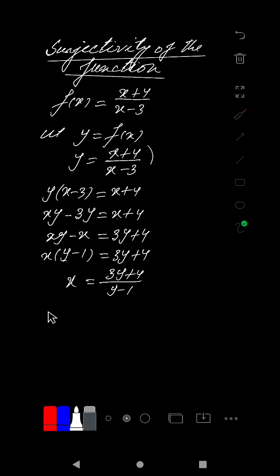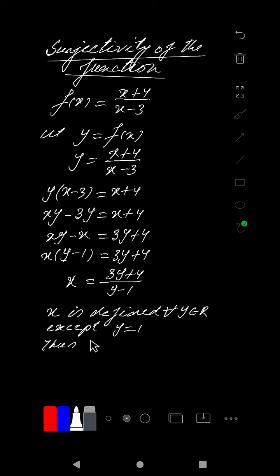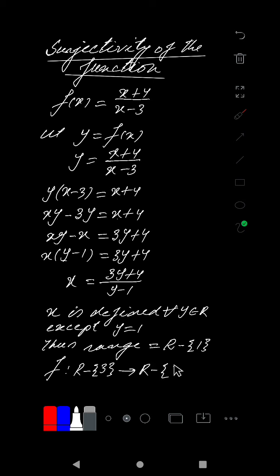So x is defined for all y belongs to R, except y equal to 1. Thus the range of the function is R minus curly bracket 1, that is all the real values except 1. f was defined from R minus curly bracket 3 to R minus curly bracket 1.